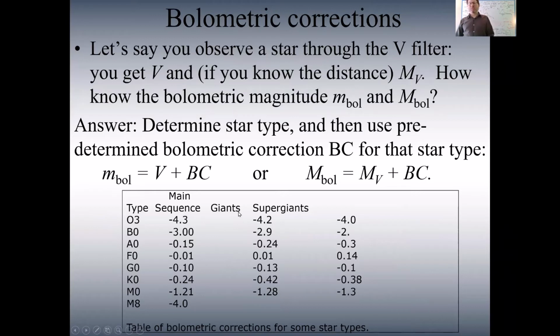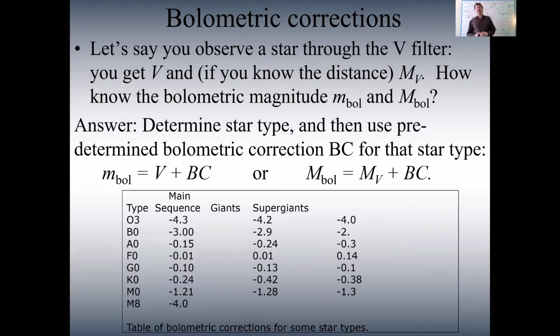So I was mentioning before that you really usually just observe objects in filters, that there's no one instrument that can measure the intensity of the light at all wavelengths and thereby give you a way of calculating the bolometric magnitude. So how do you do it?